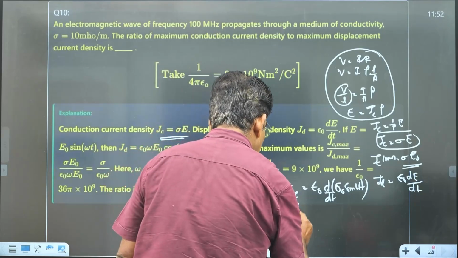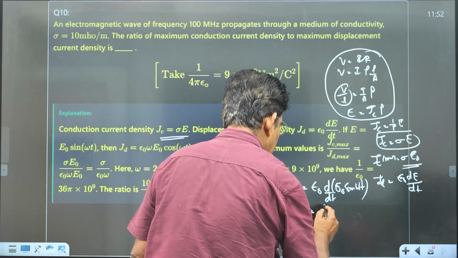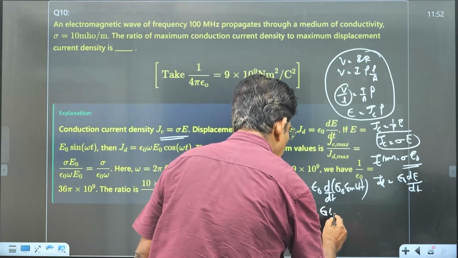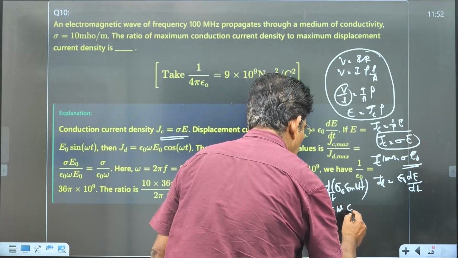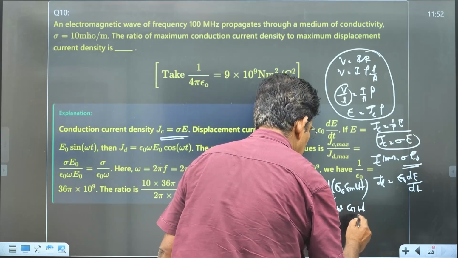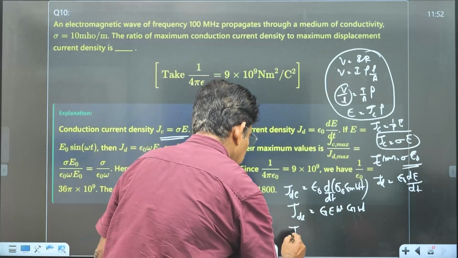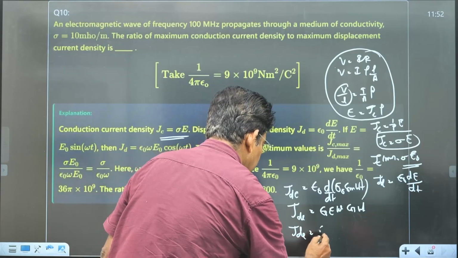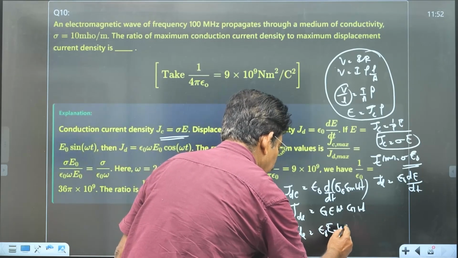Therefore, the displacement current is epsilon 0 E0 into omega into cos omega t. Therefore, the maximum displacement current is equal to epsilon 0 into the maximum electric field into omega.